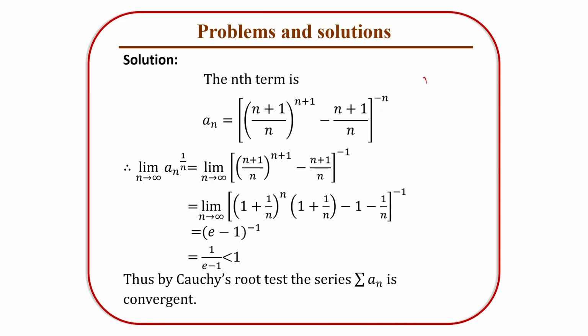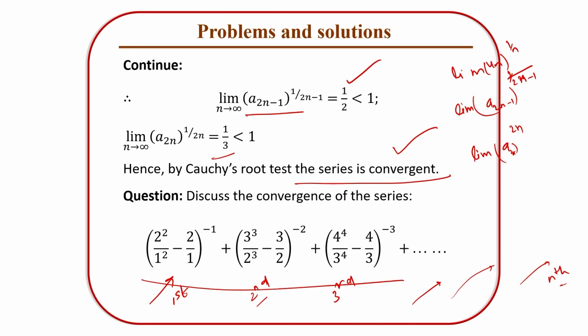So I am calculating for you, let's say A3. This is going to be 4 divided by 3, to the power 4, minus 4 divided by 3, the whole to the power minus 3.